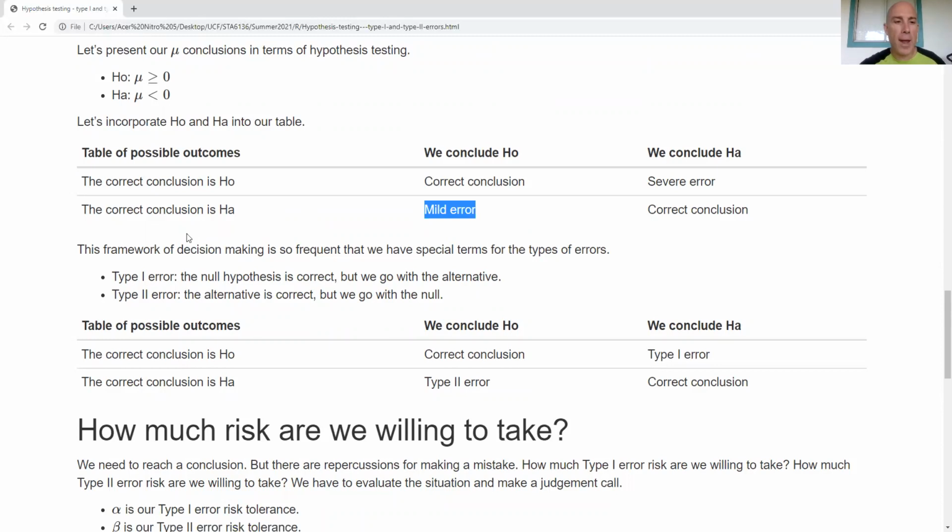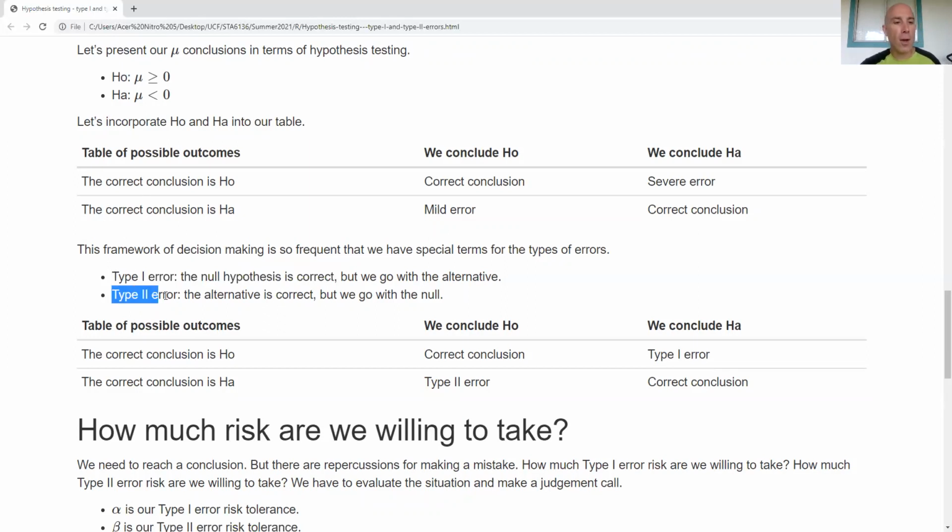A type 1 error is that the null is correct, but we make a mistake and go with the alternative. Remember, if it's an error, it's a mistake. How do I remember this? Which one do I write first? You notice that I wrote the null first. Type 1 error: the first one is correct, but I make a mistake.